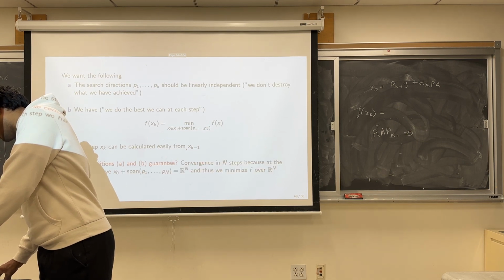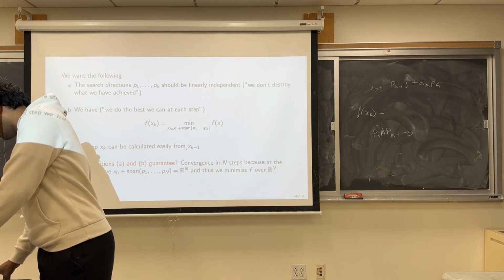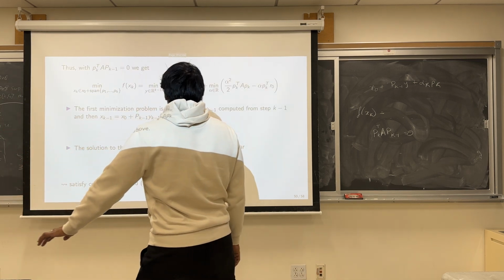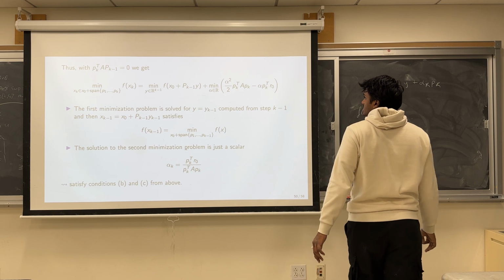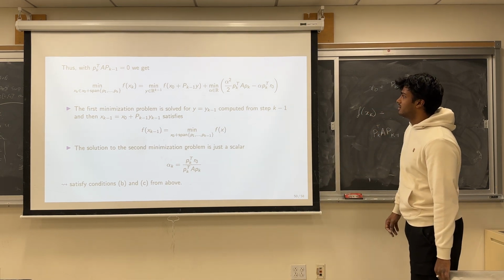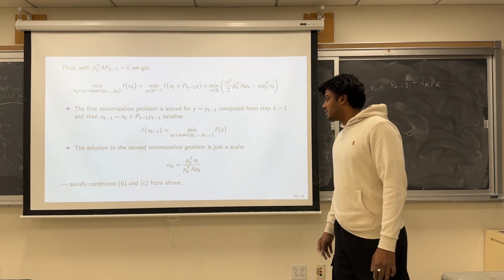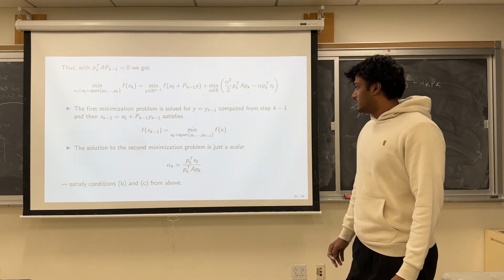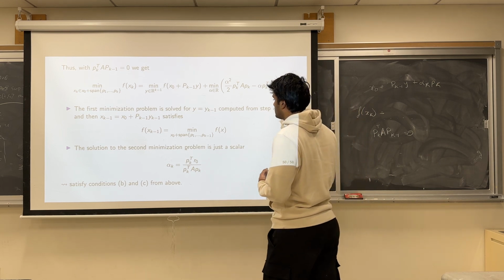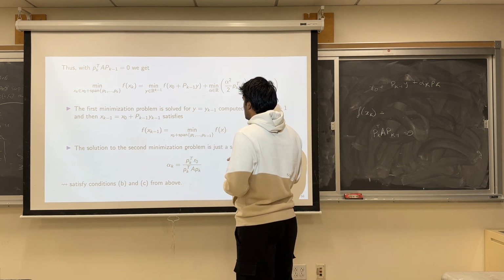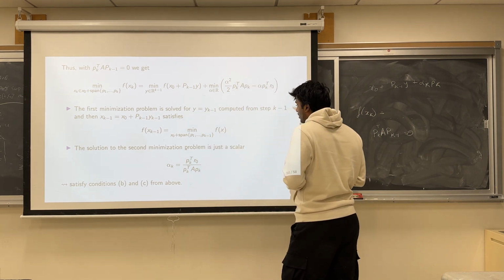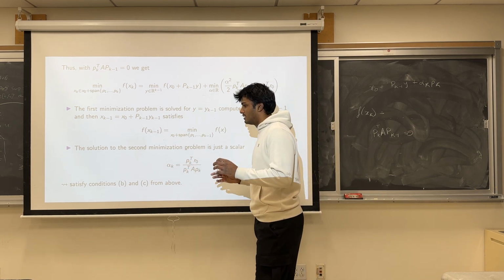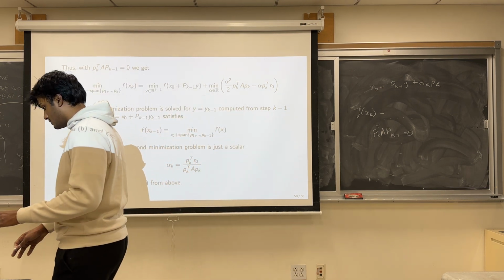That step xk can be calculated easily from xk minus 1, and we do the best we can at each step. Given pk, if pk satisfies that property, that pk is A orthogonal to all the previous pks, then I can choose alpha such that this holds, and I'm done. I have xk plus 1.